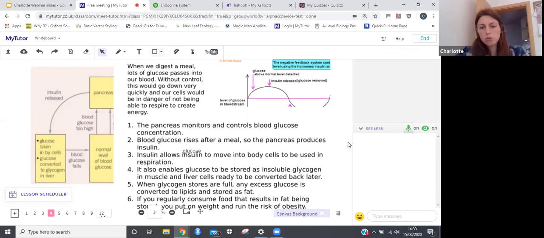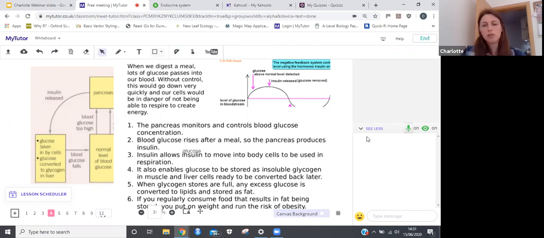When those glycogen stores are full, any excess glucose is converted to lipids. So glucose can be used in respiration, can be stored as glycogen, and the final resort is to convert it into lipids, which are fats. If you regularly consume lots of sugary food, that means you have lots and lots of glucose in your body, so by the time the body's used what it needs for respiration and has stored as much as it can as glycogen, it's storing quite a bit as fat.